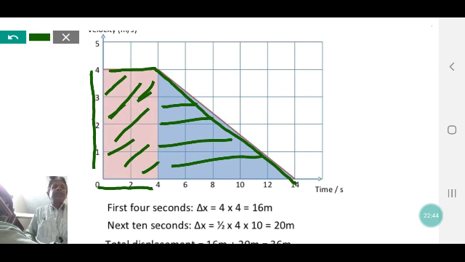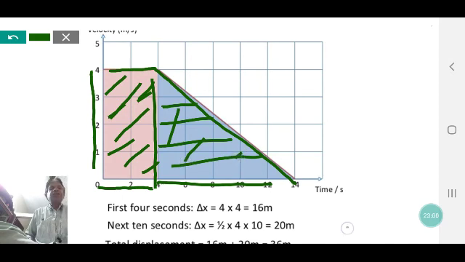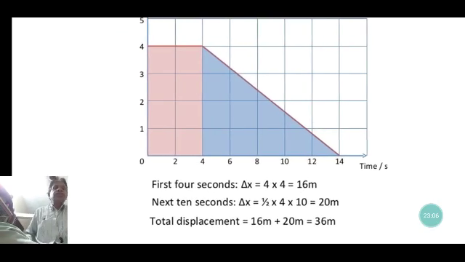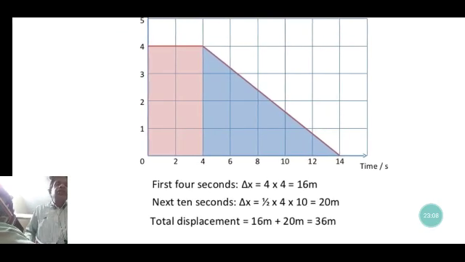So half times 4 times 10 gives the area of this triangle, 20 meters. Total displacement is 16 plus 20, equal to 36 meters.